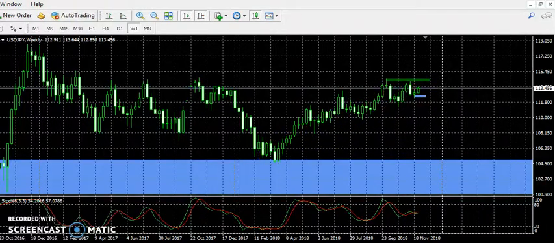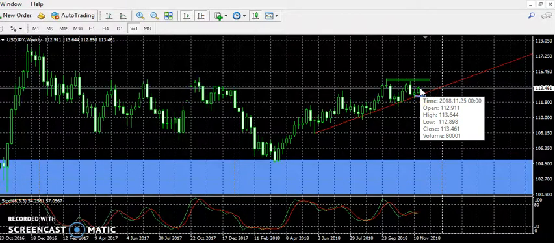Weekly is in an uptrend. Let's draw our line. All levels respected. Previous supply taken out. More demand being created. Weekly is in an uptrend.